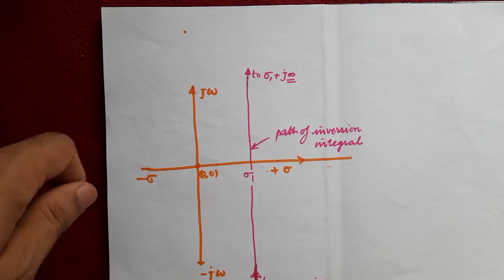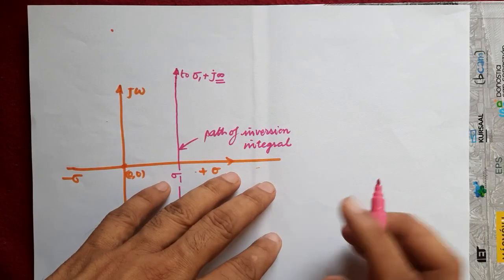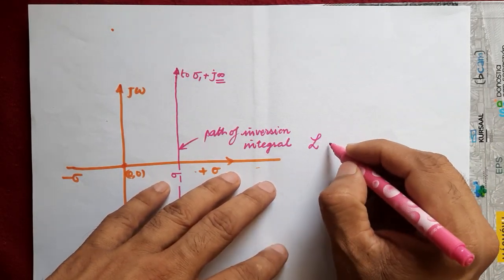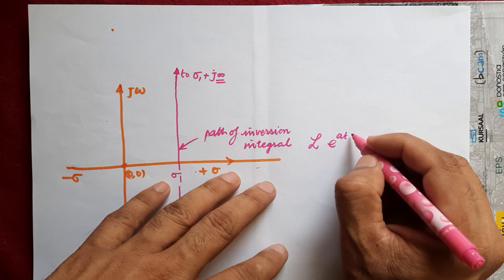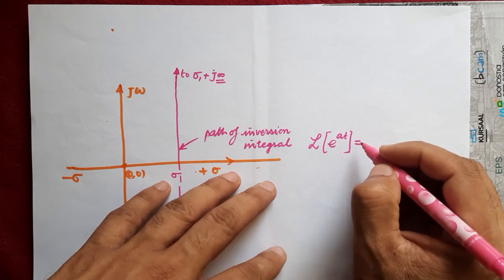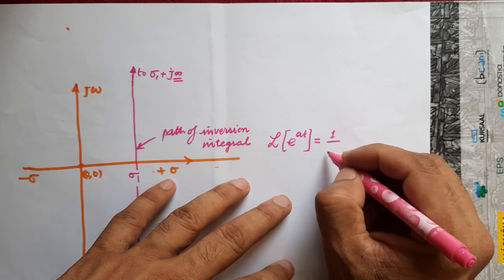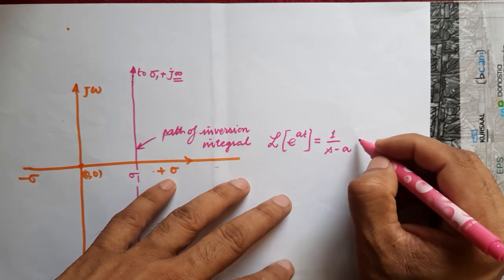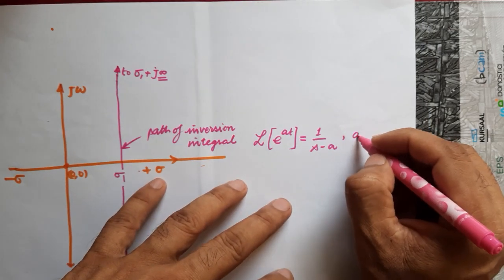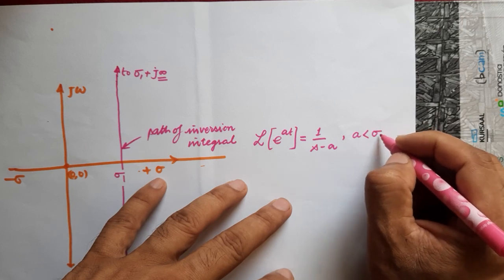And as we have seen earlier, if you take the Laplace transform of e to the power at, it comes out to be 1 upon s minus a, with the condition that a should be less than sigma 1.